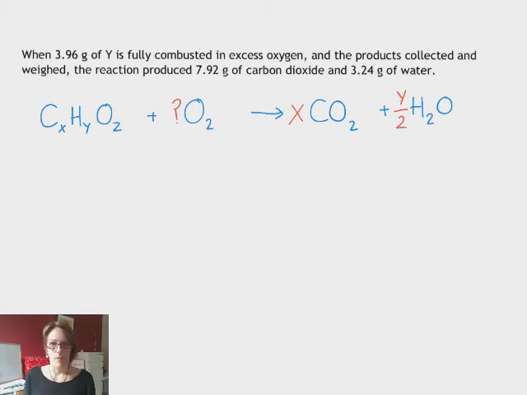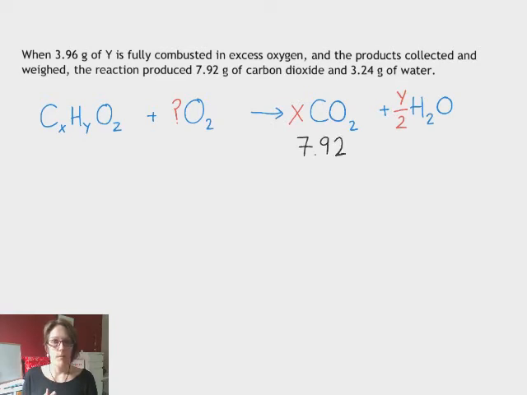Well, what do we know? We know masses, and we can work out some moles. That's a given. So let's have a look at the masses we've been given in the question. We've been told the mass of Y, the original sample, which contains carbon, hydrogen, and oxygen.